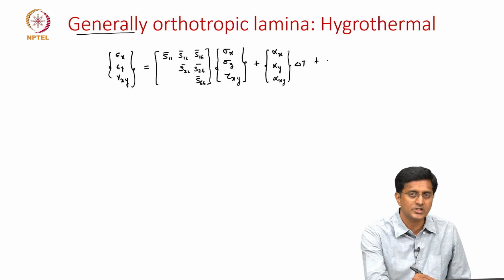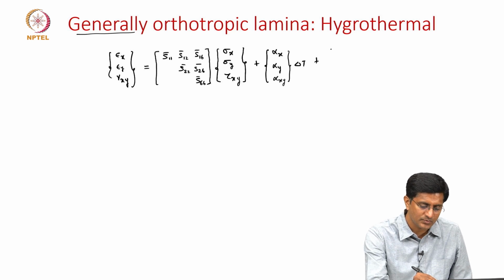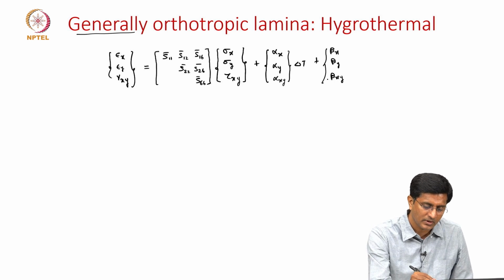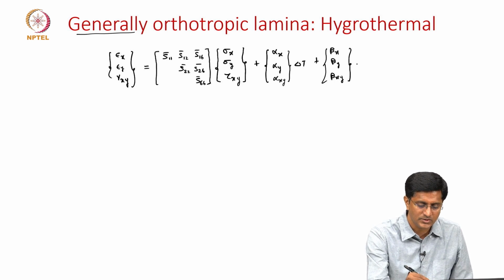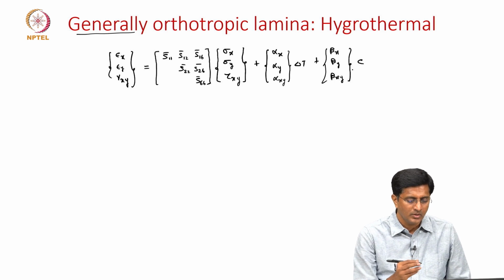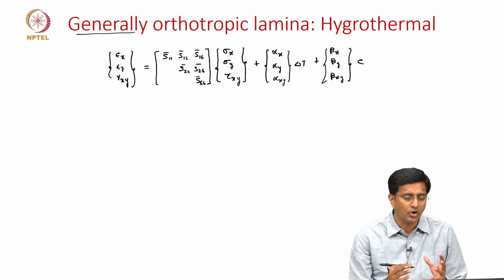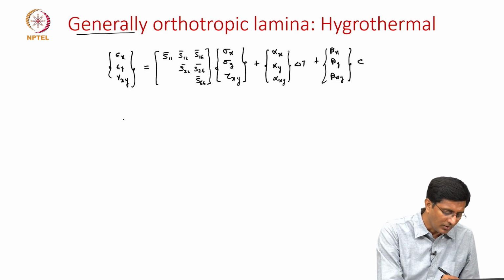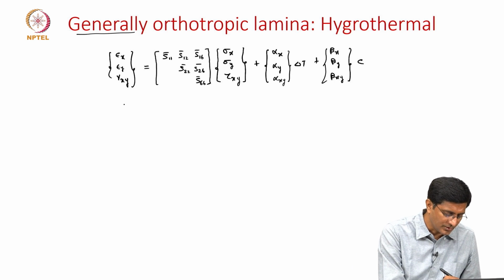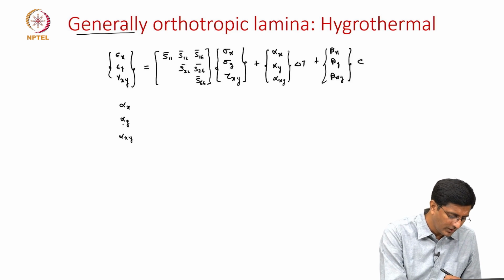Similarly, strains from the moisture we'll write as beta x, beta y, and beta xy times C. But here I need to mention how do we get these alpha in the body coordinate system, meaning alpha x, alpha y, and alpha xy. How do we get it?